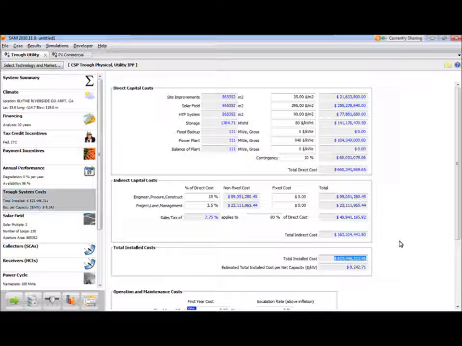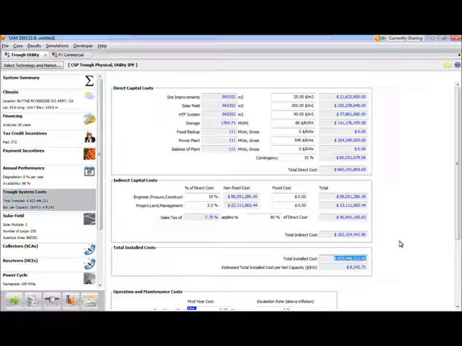There's not a similar study for PV projects, but you can find out about that cost study by going to the SAM website. You can download the documents, and there's an Excel spreadsheet that accompanies that study that you can actually use to populate the input values on the cost page.